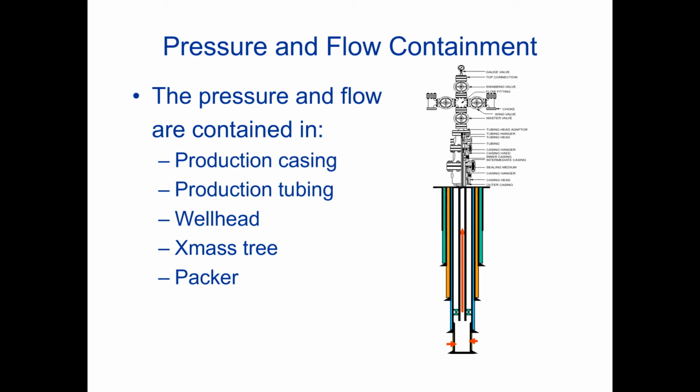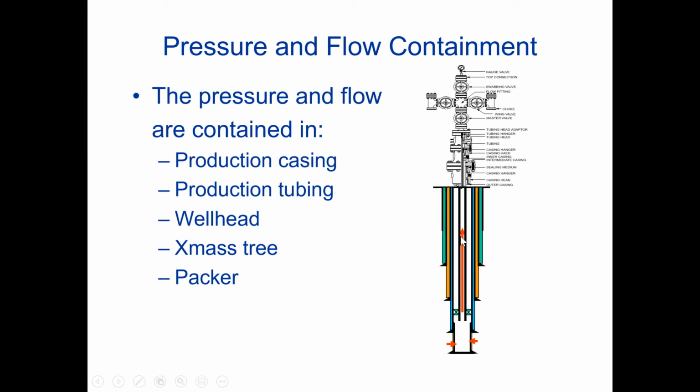These are the main components, and here you can see them. The pressure and flow are contained in the production casing. This is production casing. Production tubing. This is the tubing.